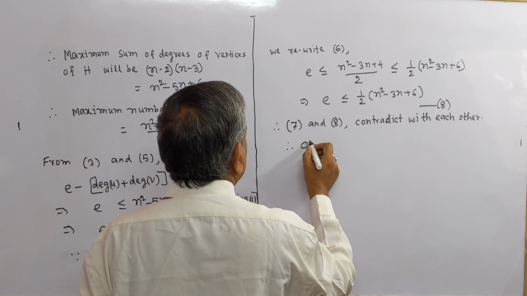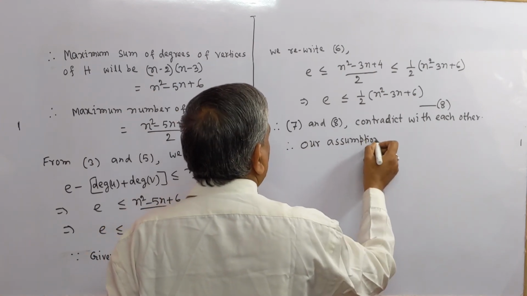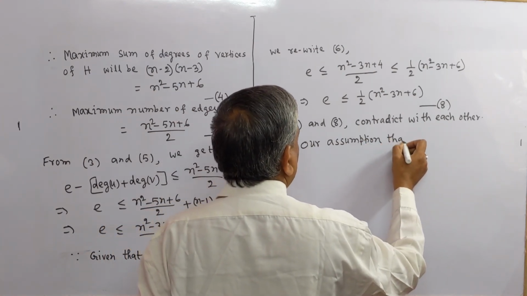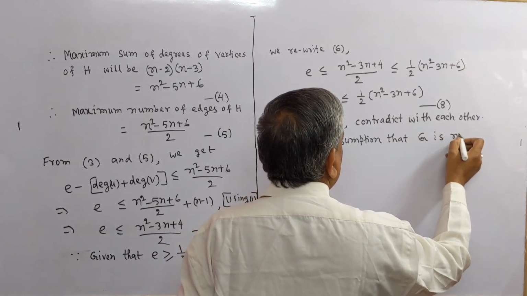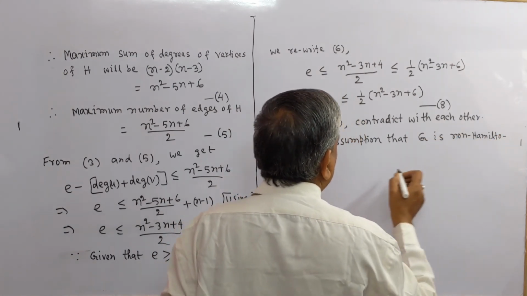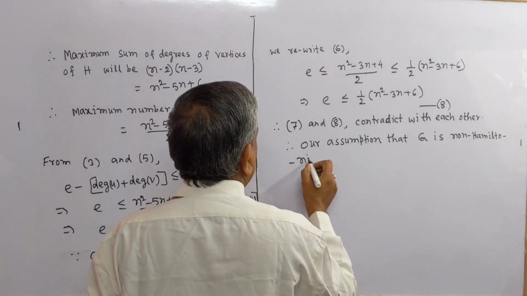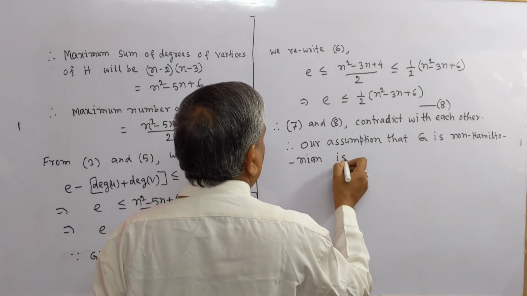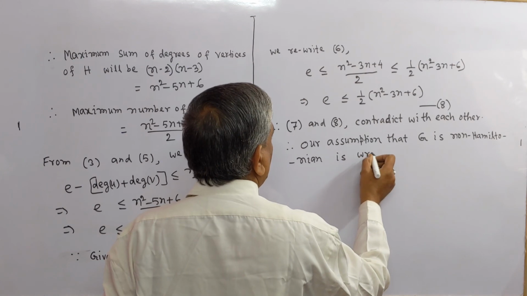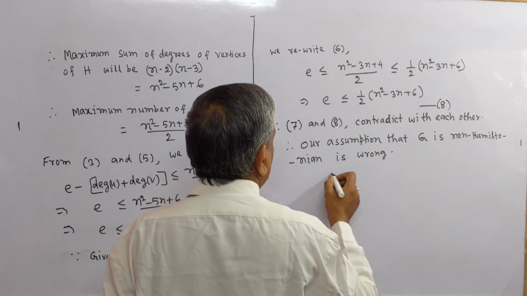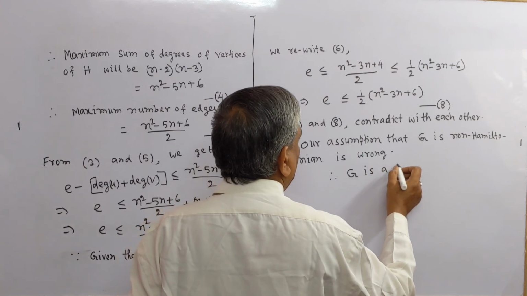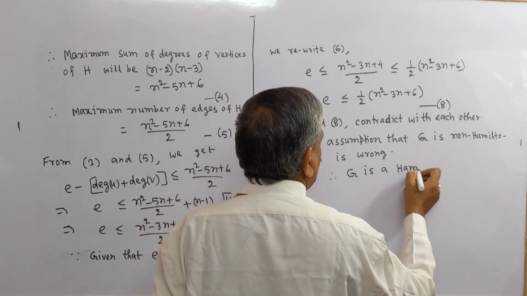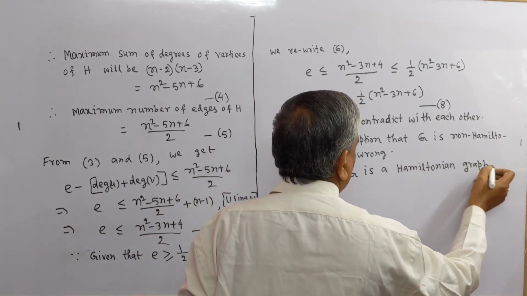Therefore, our assumption that G is non-Hamiltonian is wrong. Therefore, G is a Hamiltonian graph. Proved.